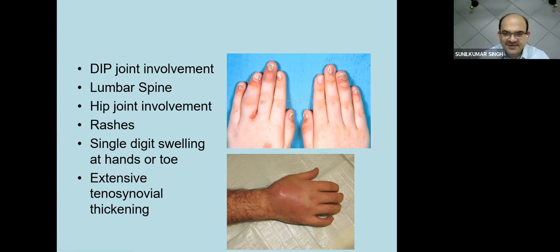Think about infections, tuberculosis, Hansen's. They all will present with joint pain, swelling. And so it's important that not everything that is involving the hand joints has to be put in the basket of rheumatoid, and one has to be careful with these differentials so as to not miss them. And these are some of the subtle points which will help you make the differentials.